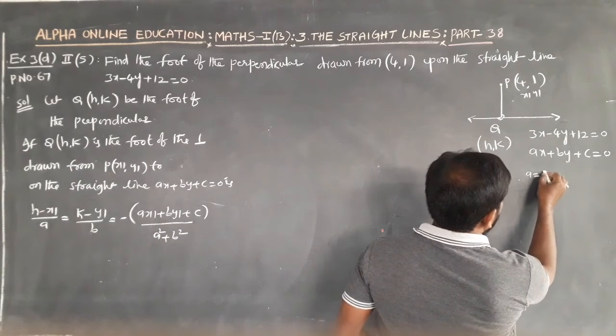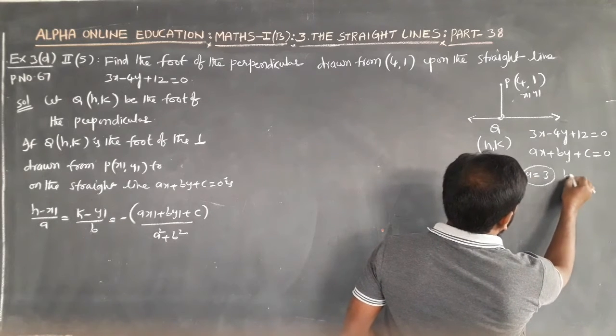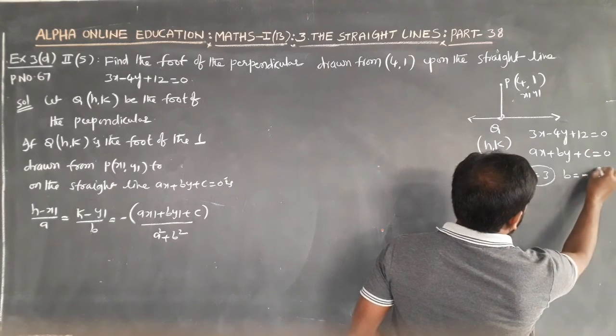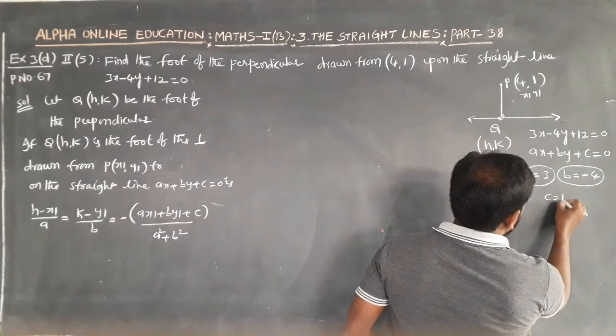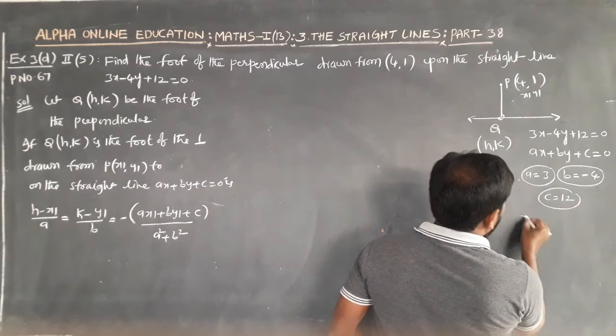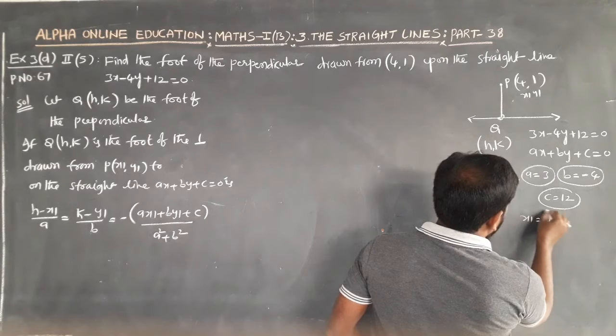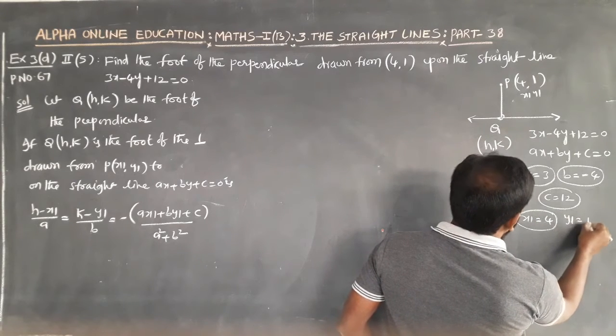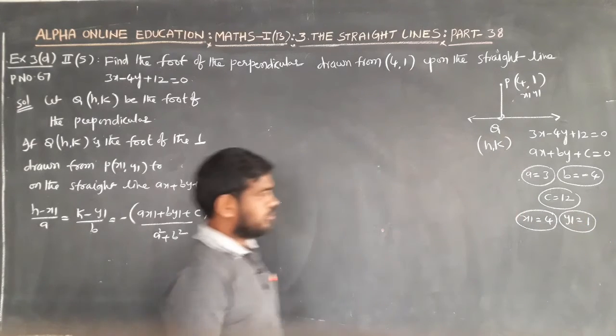Here a is equal to 3, b is equal to minus 4, c is equal to 12, x1 is equal to 4, y1 is equal to 1.